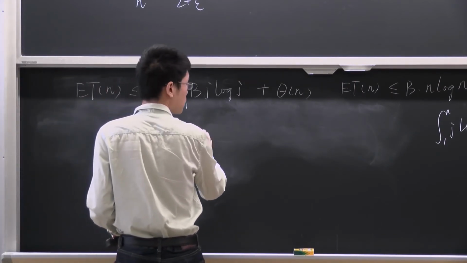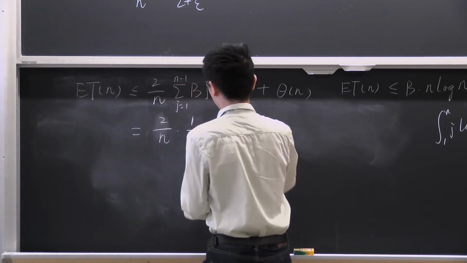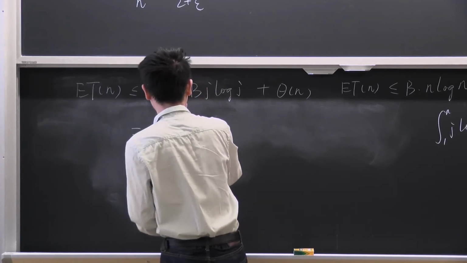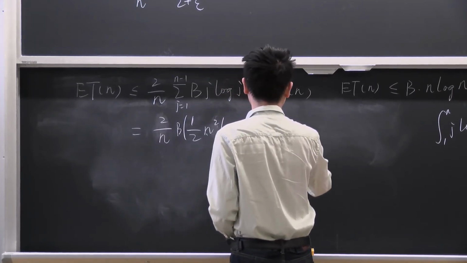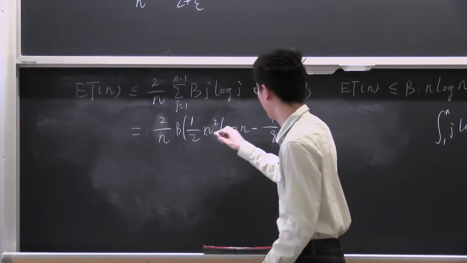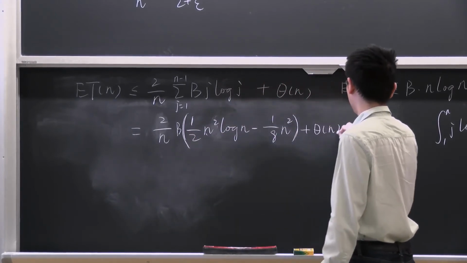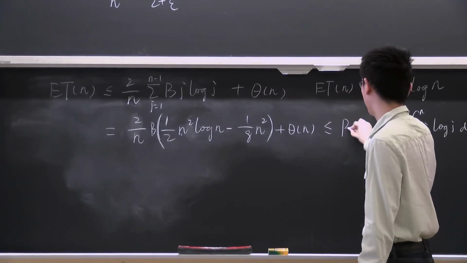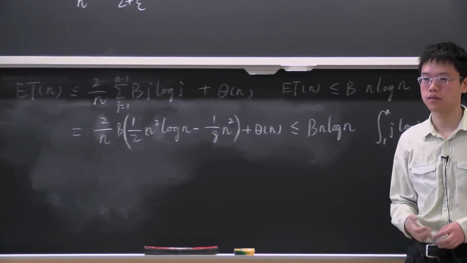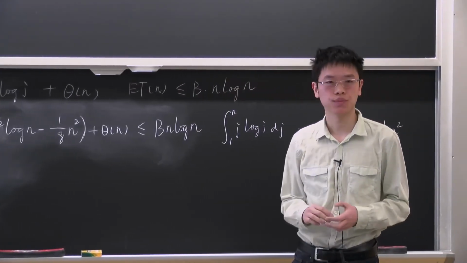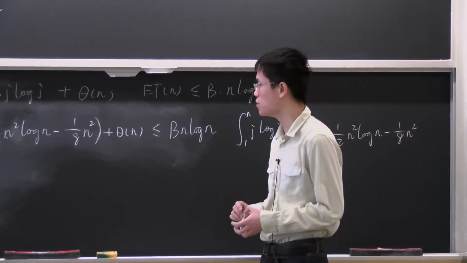n over 2, 1/2 times b, plus theta n, and we want it to be smaller than b times n log n, which will be true, right?